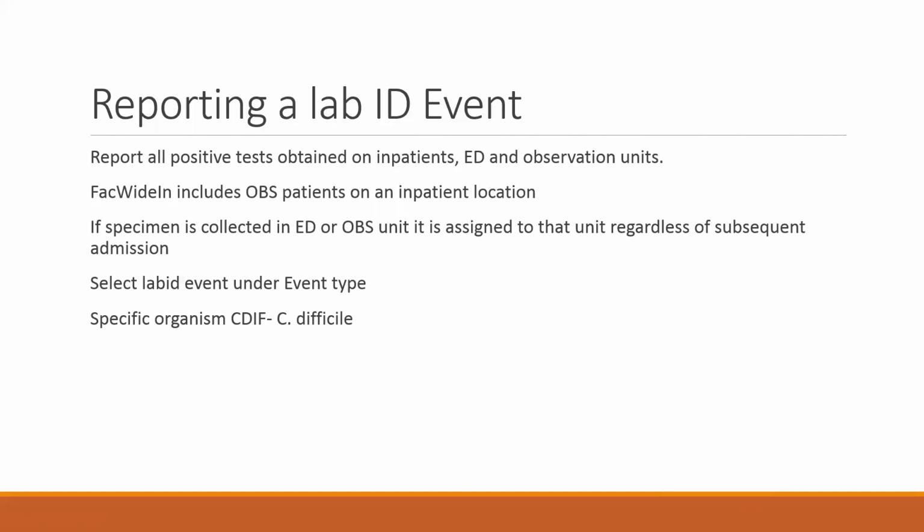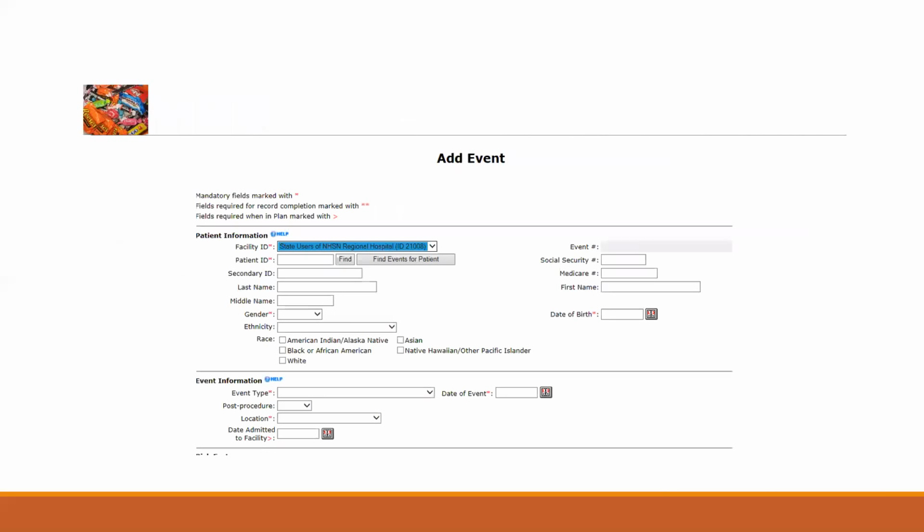I do on occasion hear people choose GI under that event type, and it won't show up as a lab ID event, so it won't get recorded properly if you do that. So make sure that you choose the lab ID event under event type there.